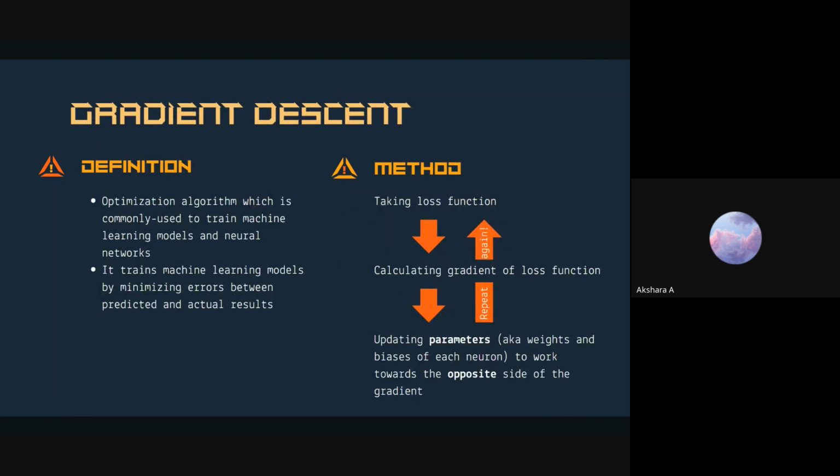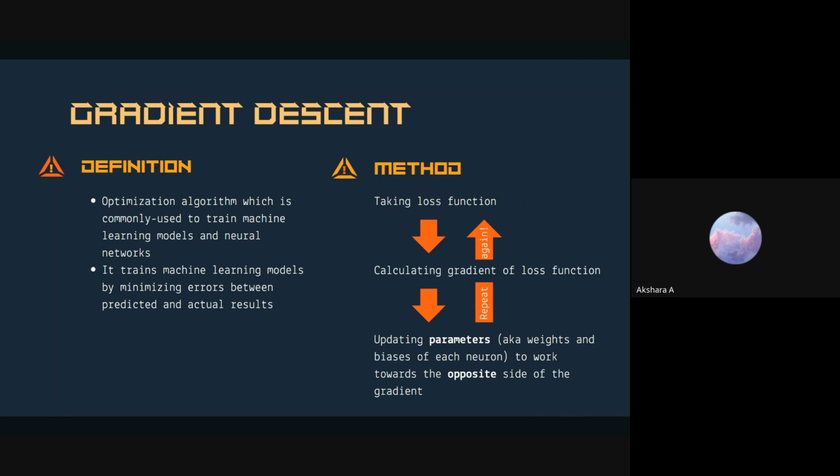Once we have a loss function to measure the performance, we need a way to minimize loss during training. So this comes out with an optimization algorithm known as gradient descent. Gradient descent is an iterative optimization algorithm used to find the minimum of a function. Iterative means that it repeats itself, and optimization algorithm means that it works in a way such that it optimizes the function of the neuron.